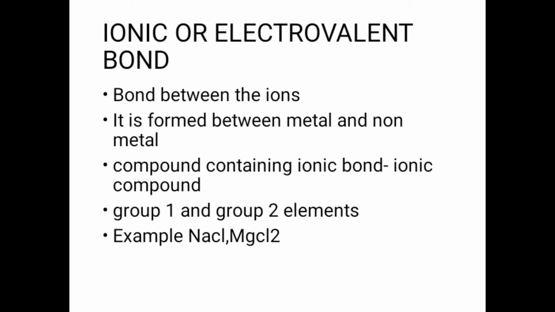So the bond between the ions is called ionic bond, and this attractive force is due to electrostatic attraction, so that bond is also called electrostatic bond. Since we are discussing valence electrons, it is also called electrovalent bond.